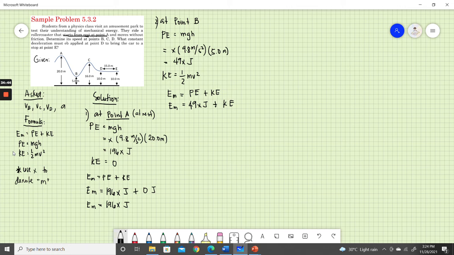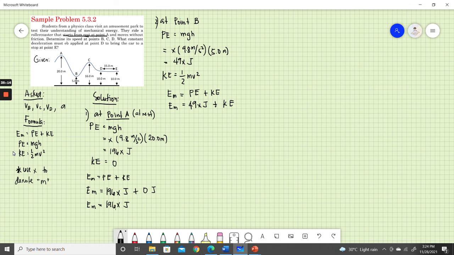So if you notice, at point A you're not moving, and you have a potential energy of 196x joules. That x is again the mass of the roller coaster. But once you start to move, your potential energy decreases as it converts to kinetic energy. The interesting thing is that your total energy here and your total energy at B should be equal because it's conserved.